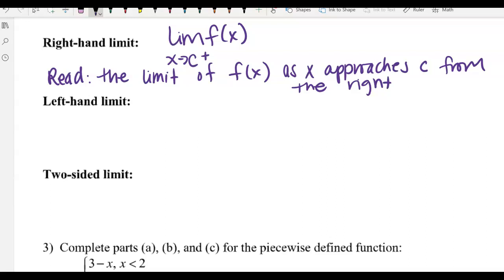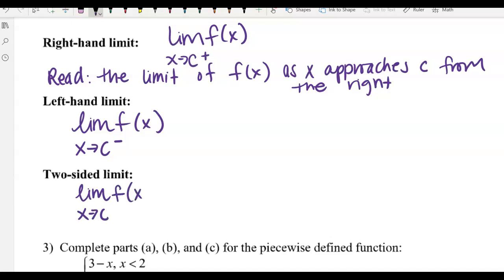Left-hand limit, take a wild guess. What are we going to use to indicate left-hand limit? The minus, yep. And it's read the same way. So instead of from the right, we say from the left of our function f of x. Now, two-sided limit is when we don't use left or right at all: the limit as x approaches c of f of x.